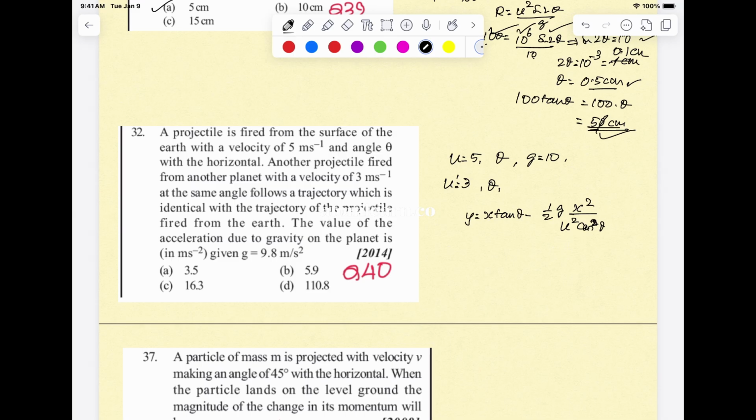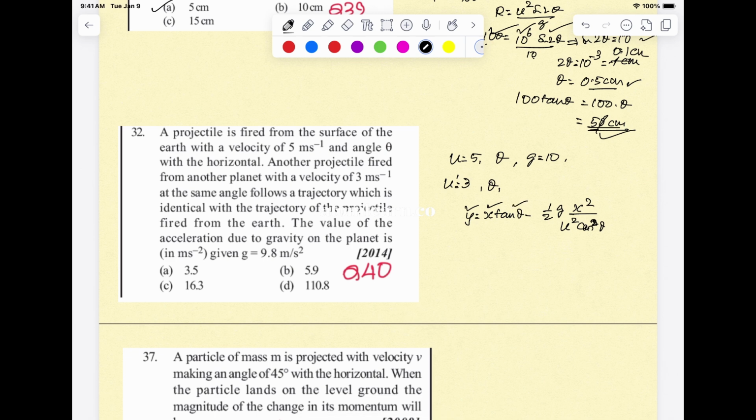Now the Earth g is g, whereas the planet g is g dash. The same equation is being followed, therefore y is the same, x is the same, and theta is also given as the same for both cases.